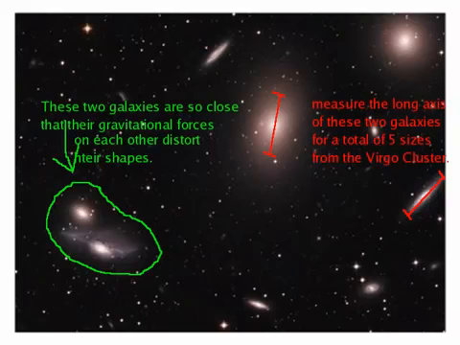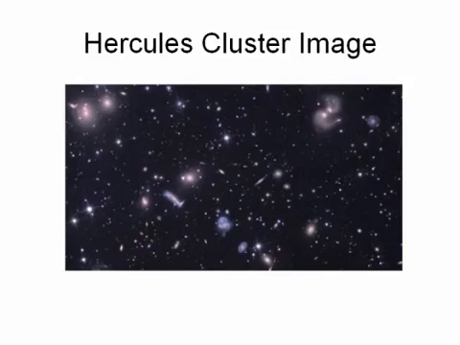Okay, and then let's go to the Hercules cluster. Now I've scaled the images, so you know this galaxy is a lot further away. So you see here the ellipticals are much smaller fuzzes, and the spirals are much smaller circles or slivers.